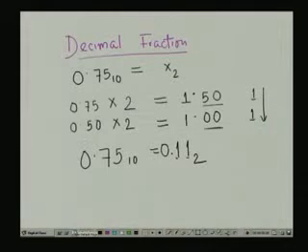Now, if I want decimal to octal, because when we gave the general rule, my base can be anything, from the decimal number system to any other number system, binary or any other, I can convert.